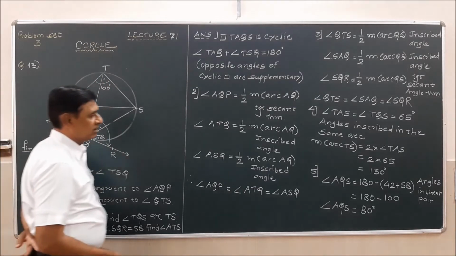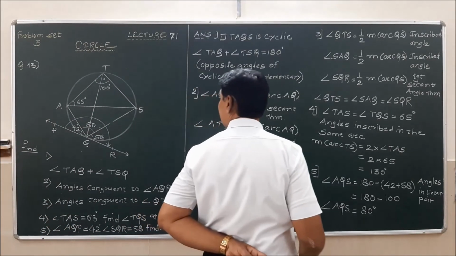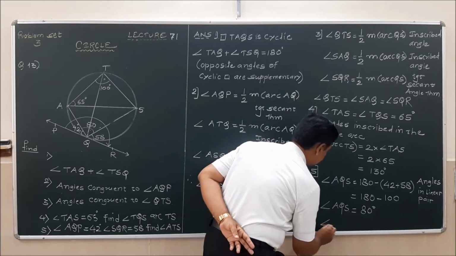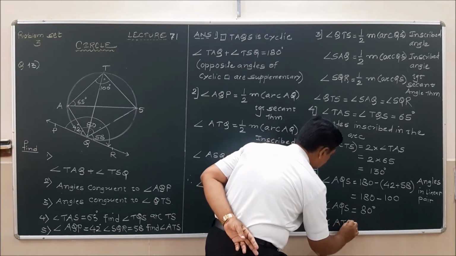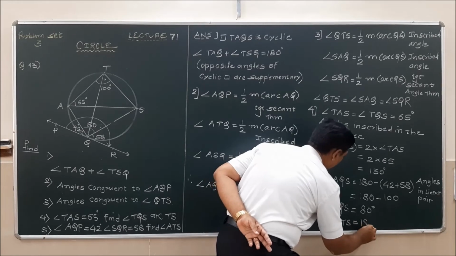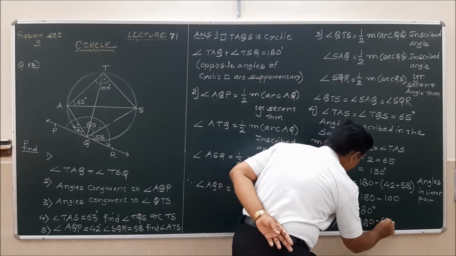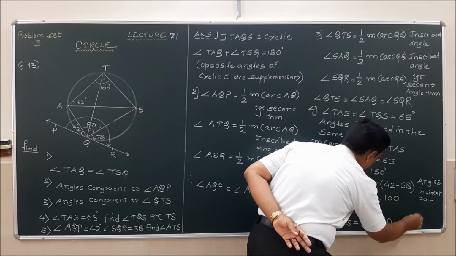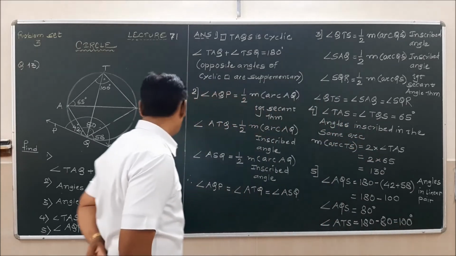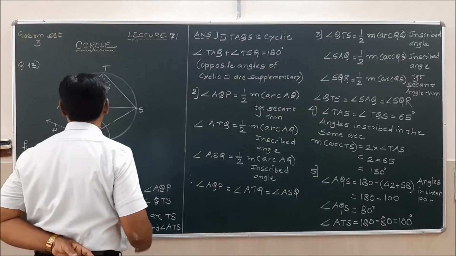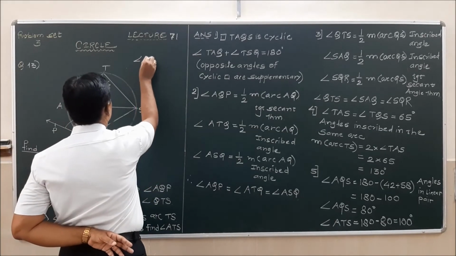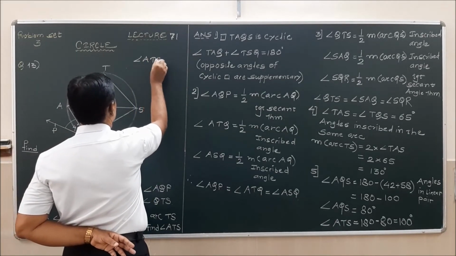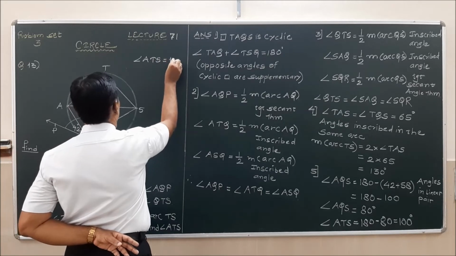So I am writing angle ATS is equal to 180 minus 80, and that is equal to 100. So very, very important thing, that angle ATS is equal to 100.